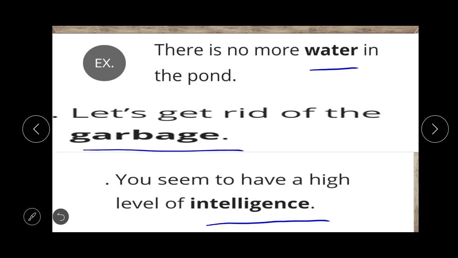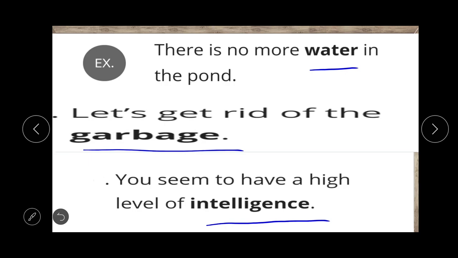So students, can you count water, garbage or intelligence? No, you can never count the water, garbage or intelligence in terms of number. We can say that a lot of water, like more water is given than some garbage, than intelligence.